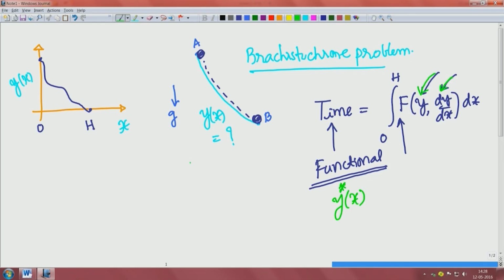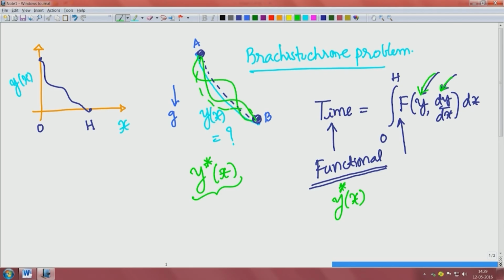Here, let us say minimizing time is obtained by a particular function which we know as a cycloid. Let us say the cycloid is denoted by this y star of x. We need to find it by searching through a number of functions. We do not know, there are a lot of different curves that are possible that go through these.